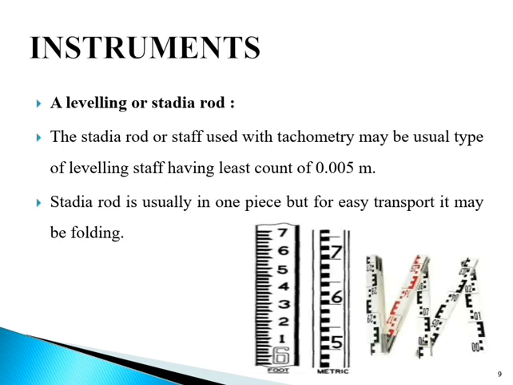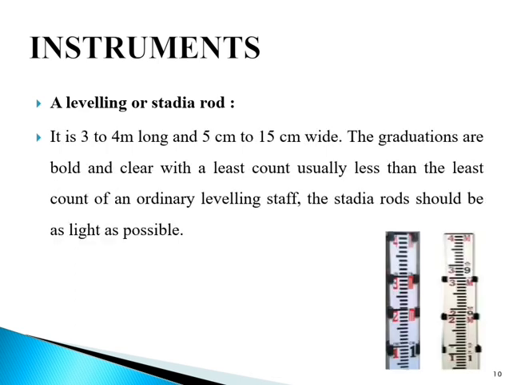So here you can see both types of it. It is 3 to 4 meters long and 5 centimeters to 15 centimeters wide. The graduations are bold and clear, with a least count usually less than the least count of an ordinary leveling staff. The stadia rod should be as light as possible. You can see it in the image here.